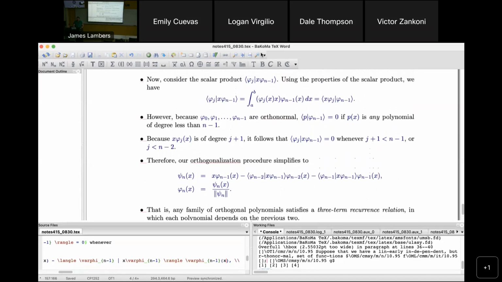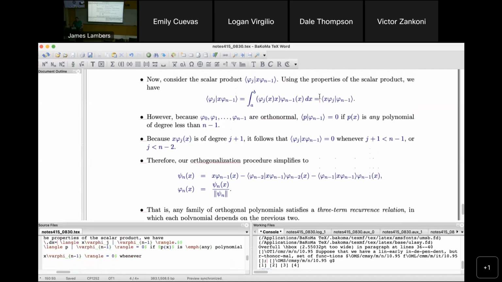It's all a matter of keeping track of degrees. You're taking a scalar product of 2 polynomials. What degree are they? If one of them is a member of an orthogonal set, it's orthogonal to all polynomials of lesser degree. And that turns out to be used to prove a lot of things.